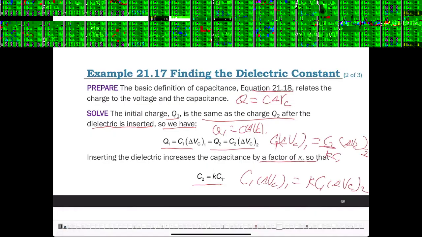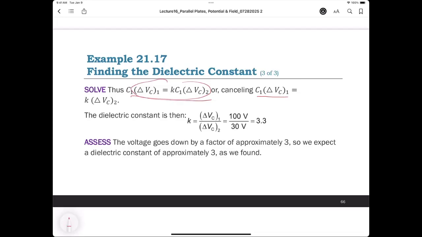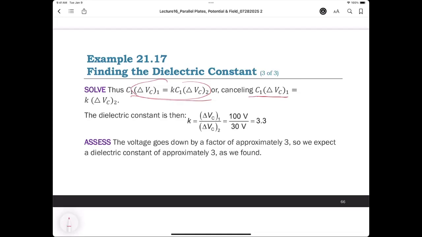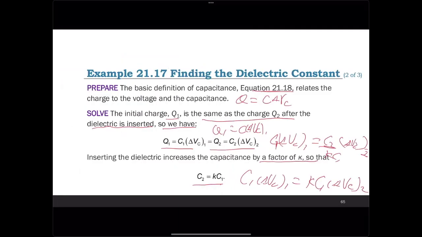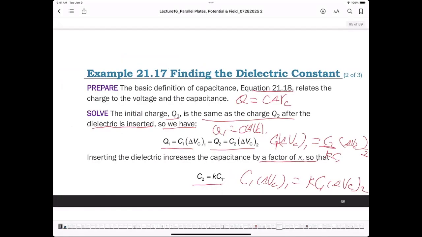That makes sense to you? Okay, we got this equation, and you can cancel C1. You can see here C1 delta VC1 equals K C1 delta VC2.